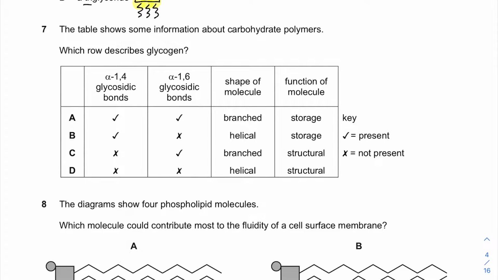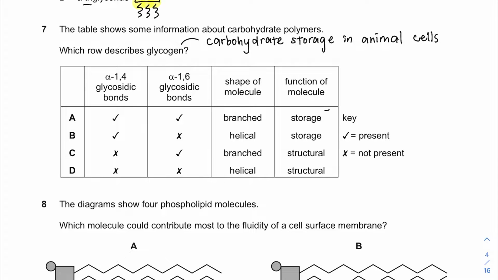Now let's look at question number 7. The table shows some information about carbohydrate polymers. Which row describe glycogen? So glycogen is the carbohydrate stored in animal cells. Okay, therefore the function is storage.